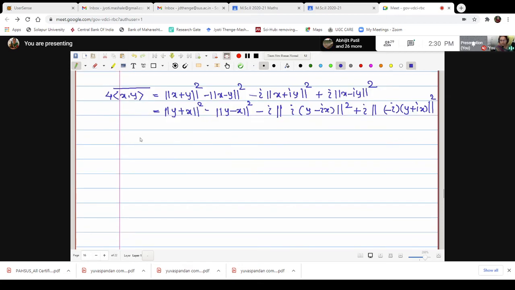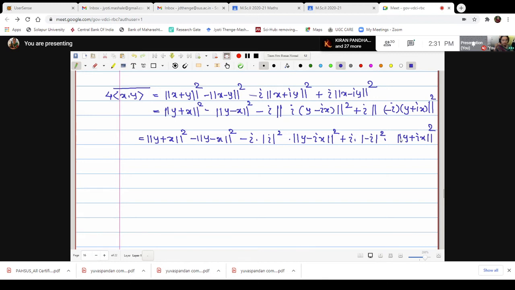Therefore here it is norm square of y plus x minus norm square of y minus x. Now this scalar i is taken out with the modulus outside the norm. Therefore this is minus i into mod i bracket square into norm square of y minus ix plus i times mod i square into norm square of y plus ix.